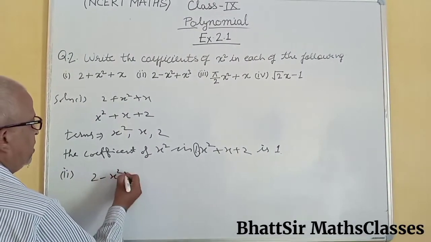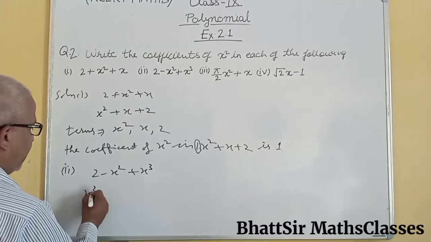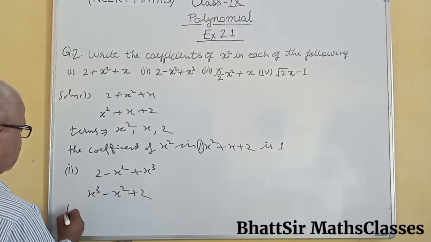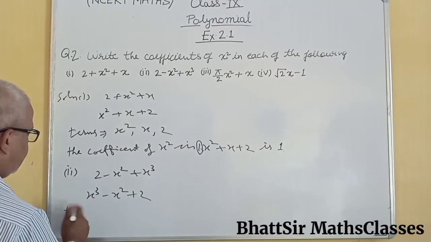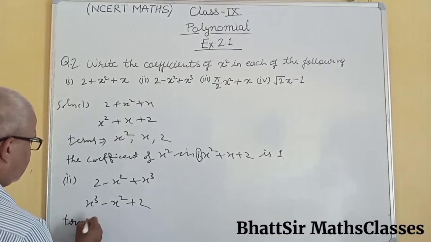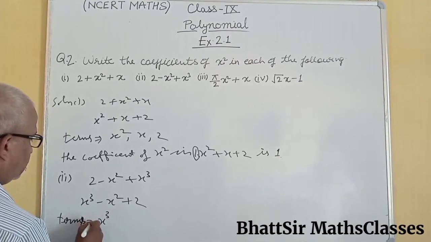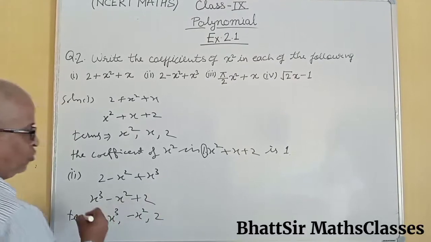2 minus x square plus x cube. We write it in standard form: x cube minus x square plus 2. Then the terms are x cube, minus x square, 2.